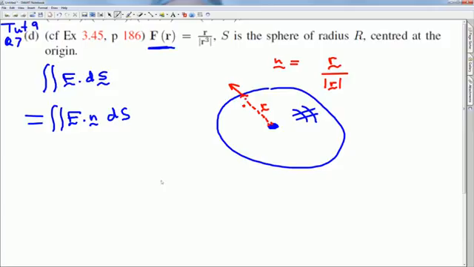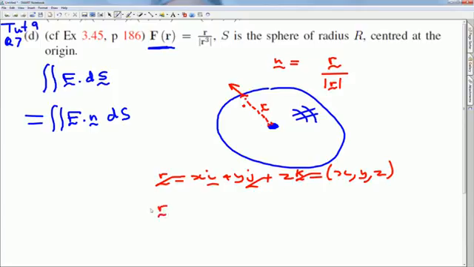Now, just recall that r really is the vector, and I can write it down as xi plus yj plus zk, or in terms of just the coordinates, x, y, z. So r is just another way of saying the normal x, y, z coordinates. And so the length of r is the square root of x squared plus y squared plus z squared.